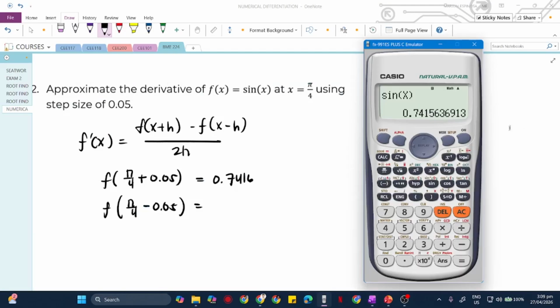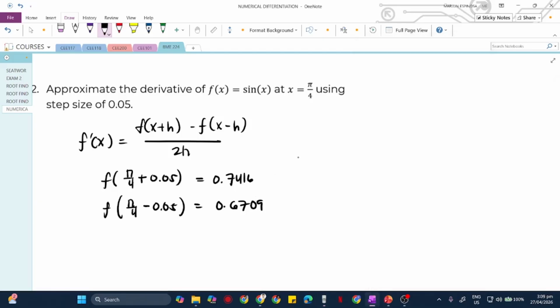That is equivalent sa, okay, yung calc, yung x natin would be equivalent sa, that is pi divide 4, okay, minus 0.05. Okay, that is equivalent sa 0.6709.